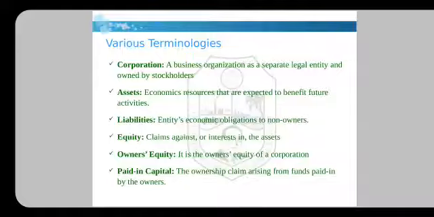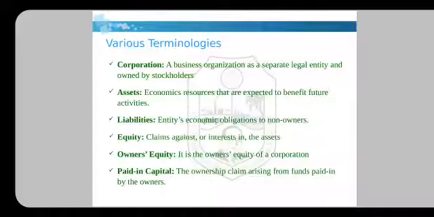Liability means any entity's economic obligation to non-owners. Any entity can be a person, or any account of a corporation or company. Next is equity. Equity means claims against or interest in the assets. Now owner's equity is the owner's equity of a corporation.